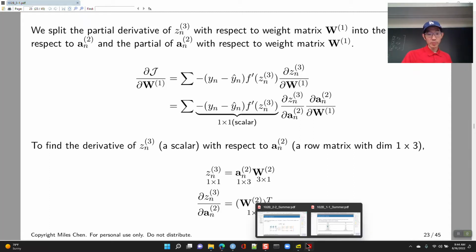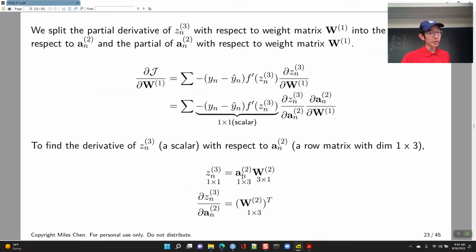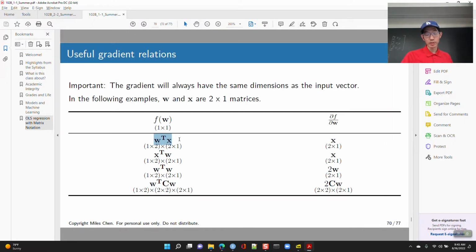So looking at our table of gradient relations, now we have this thing. I know it's confusing because we've got the W, but we're asking, how does it change with respect to the first term that's being multiplied? How does it change with respect to A? The change with respect to A is going to be this term transpose, and basically that's what we've got here.